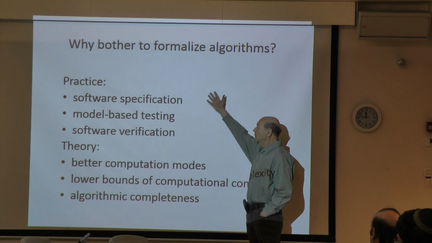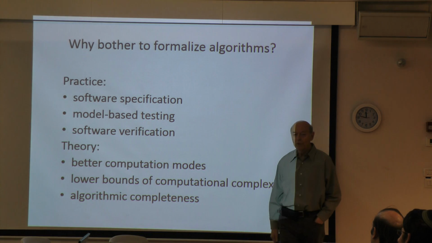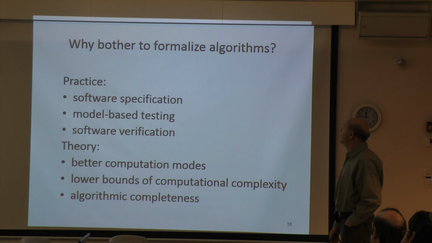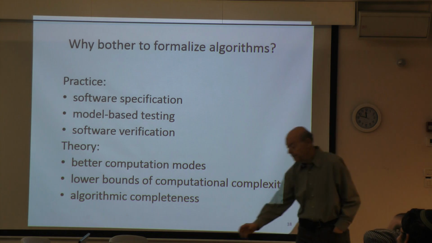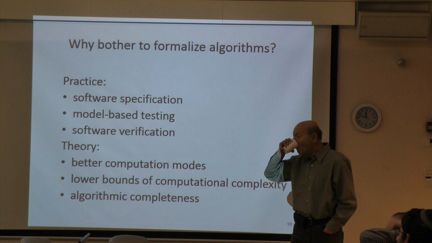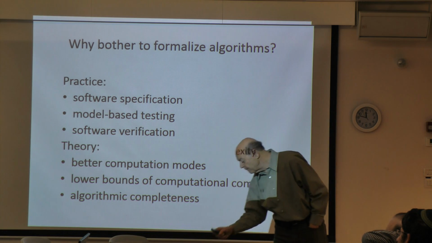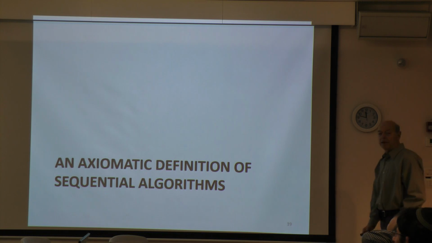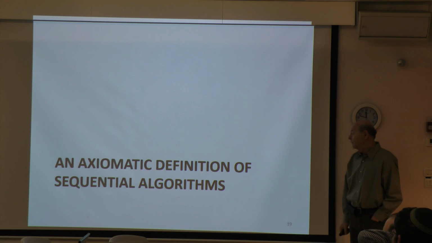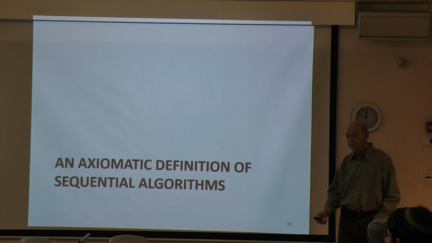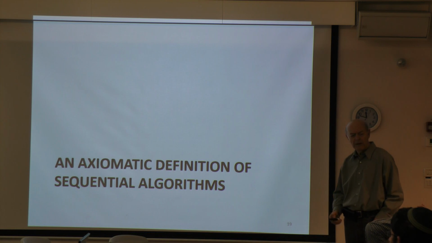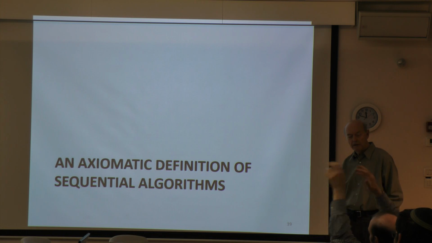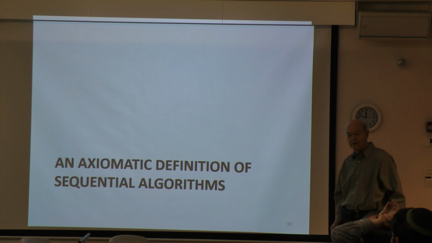In practice, of course, there are many very important practical reasons to bother to formalize algorithms. The body of the lecture will be an axiomatic definition of sequential algorithms. One thing that I thought you would say, but you didn't say, is that Turing, and equally all the papers from Church's group, did not define algorithm, they defined computability.